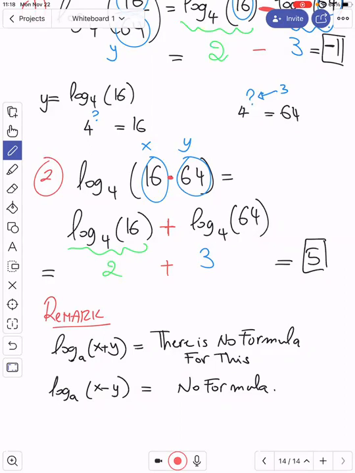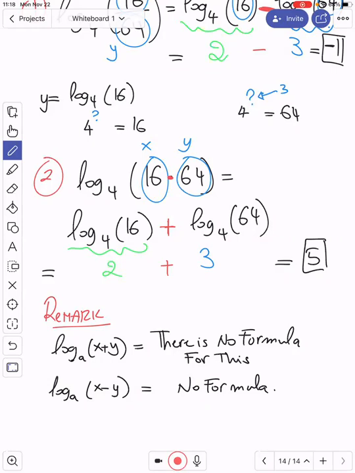So if you have x times y or x over y, then you have a formula to compute your log, but otherwise you don't have any formula. There's one more formula.